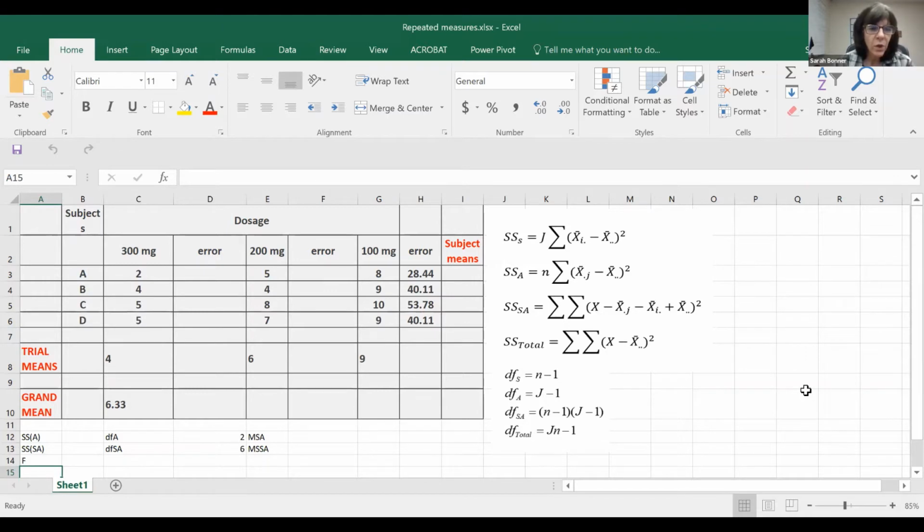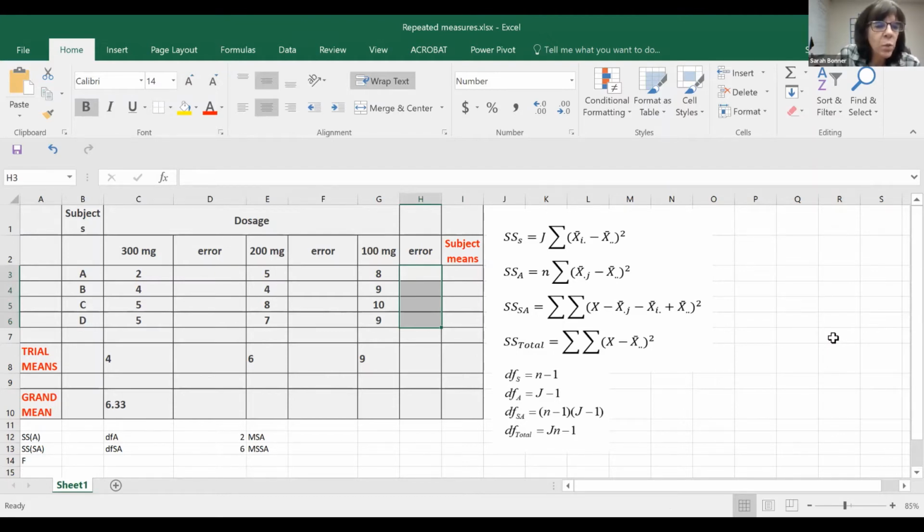They were measured on pain, so subject A had a pain score of 2 at the 300 milligram dose, a pain score of 5 at the 200 milligram dose, and a pain score of 8 at the 100 milligram dose.